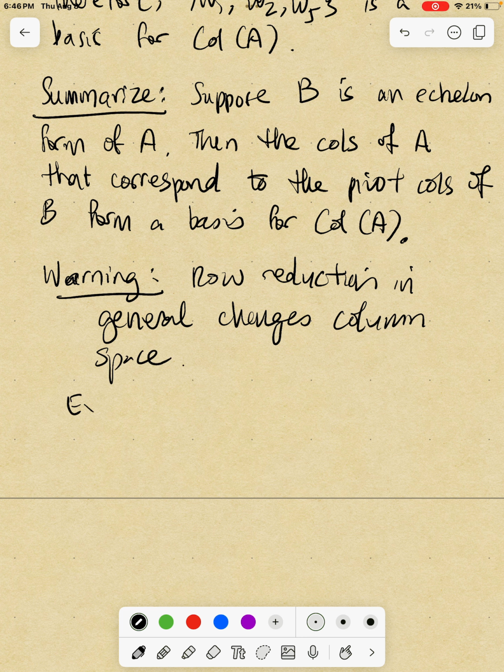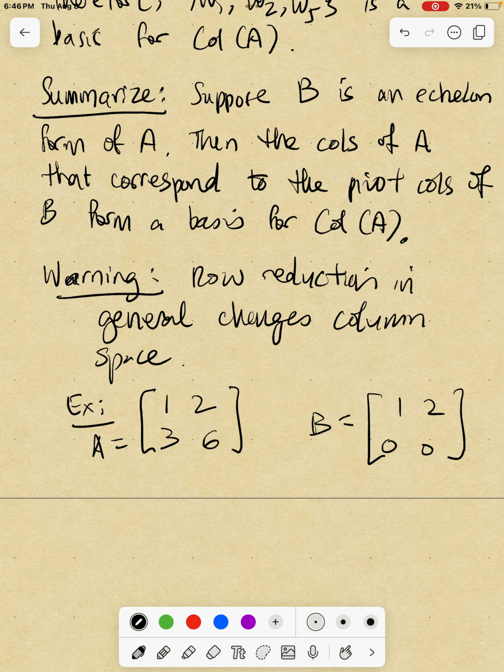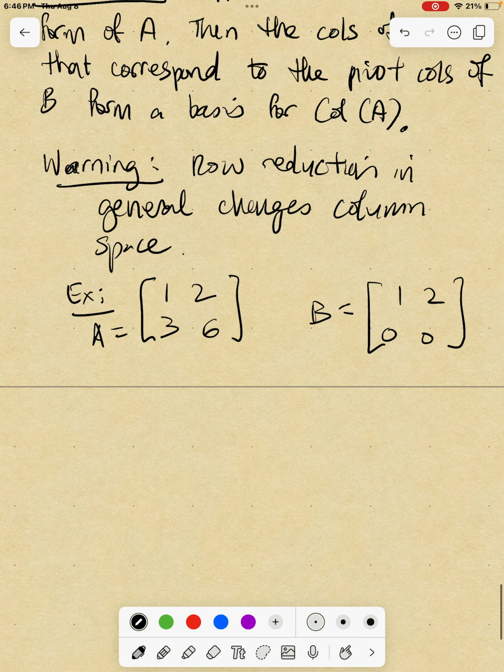So let's look at an even simpler example. Let's say you had 1, 2, 3, 6. Let's say that's our A, and we reduce it to this. That's an echelon form. Well, the column space of A, what does that look like? It's spanned by 1, 3 and 2, 6. So here's 1, 3, and here's 2, 6.